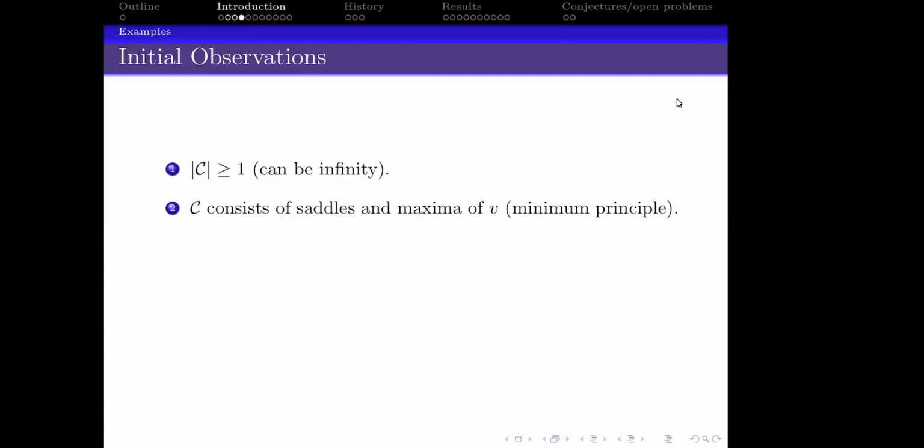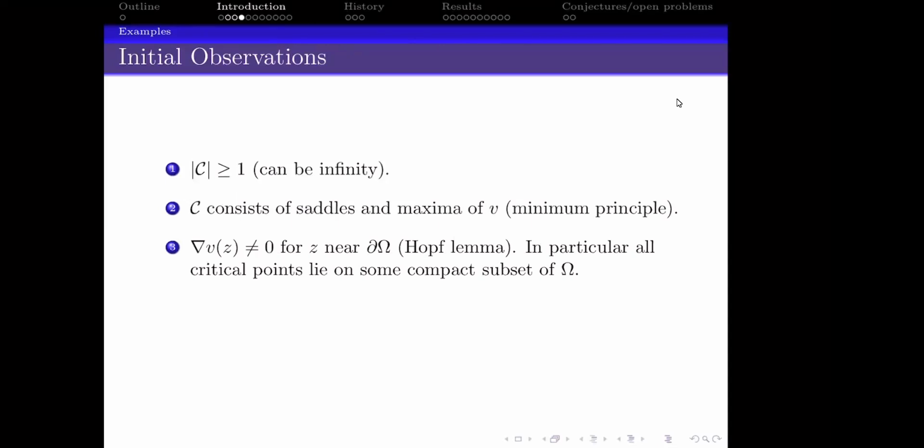There are only saddles and maxima. And near the boundary, this is an important observation: near the boundary, gradient V does not vanish. This is something in PDE called the Hopf lemma.